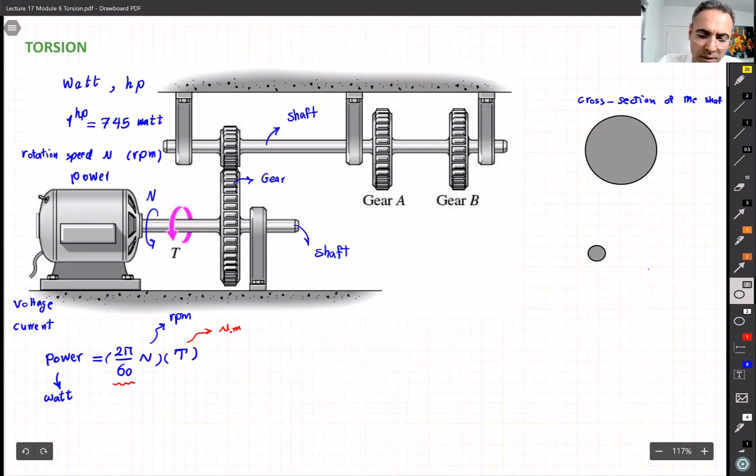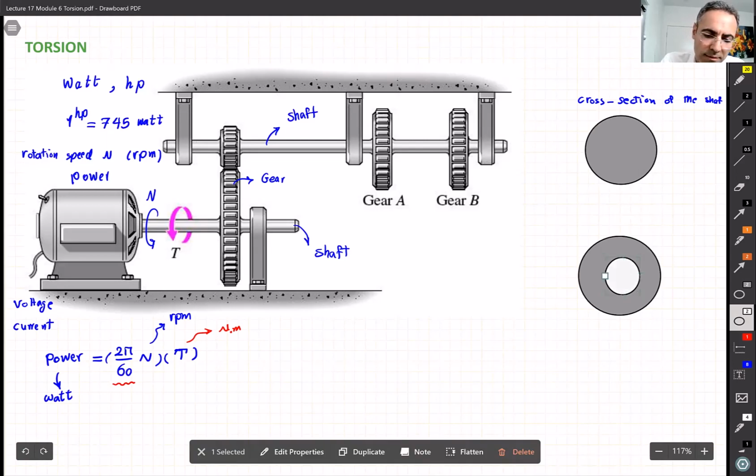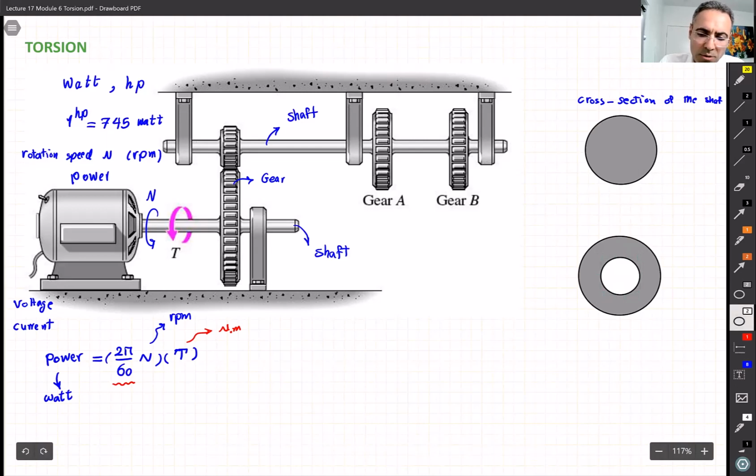Let's draw it somewhere around here. Something like that, if I can center it properly. And also it can be a thin wall shaft, more like a pipe sort of shaft.